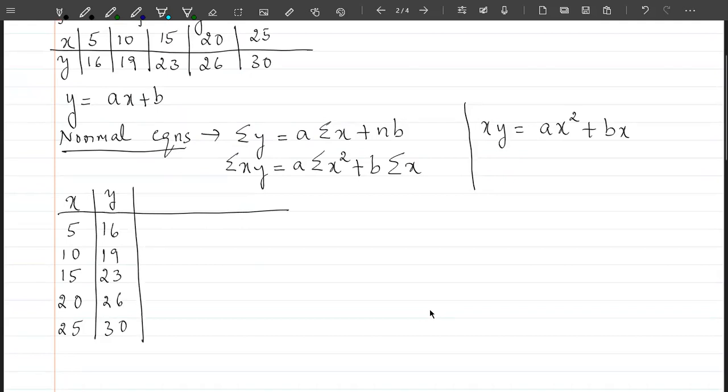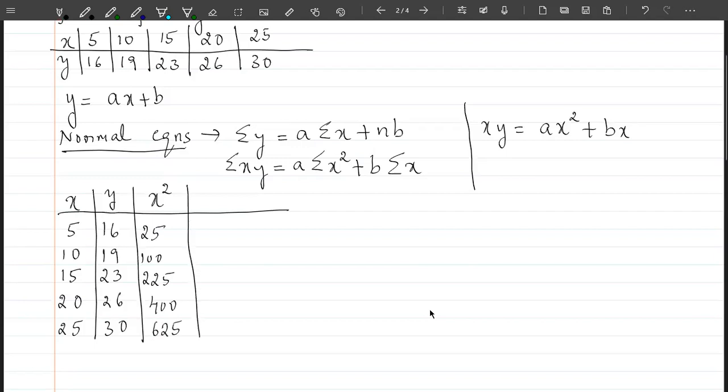Now I need summation x square, so I should calculate the values of x square. X square is 25, 100, 225, 400 and 625.